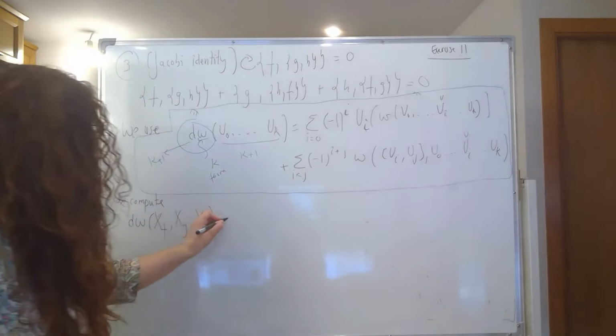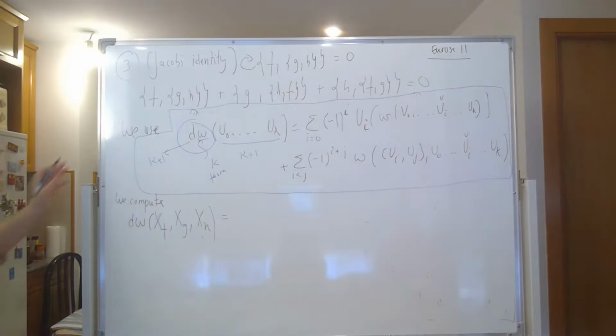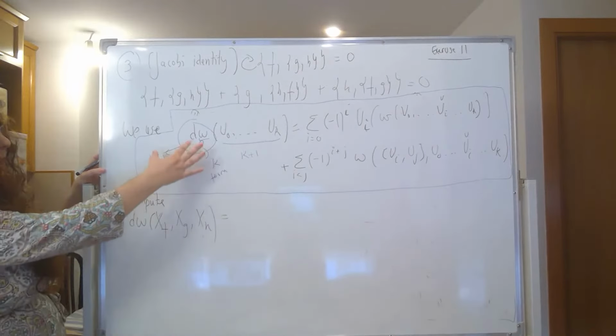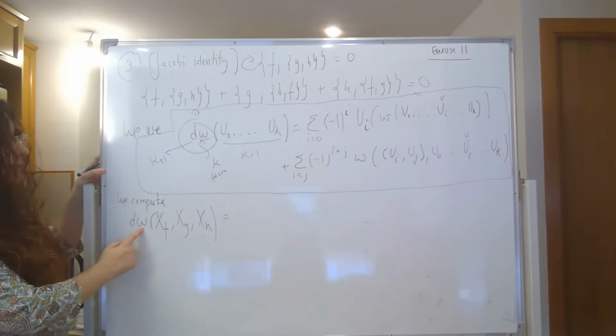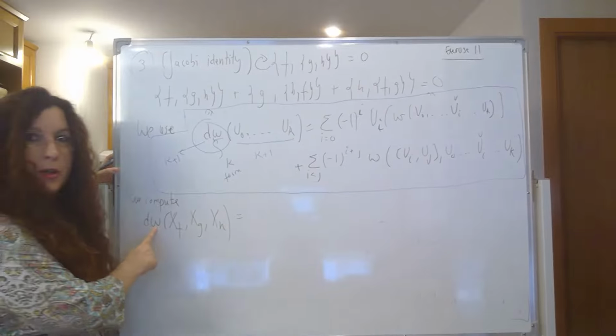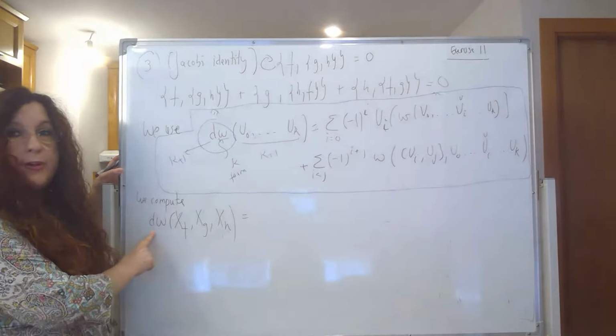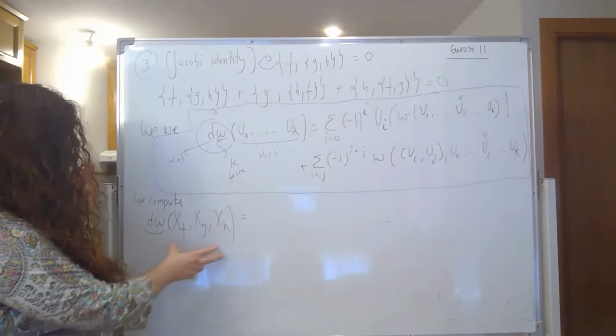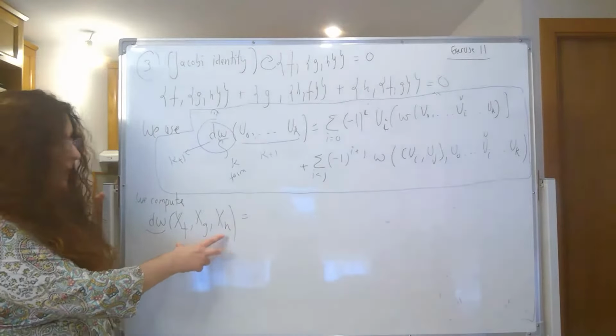Okay, so now I'm going to develop this formula. Now I apply this general formula to the case in which omega is my symplectic form. Therefore, omega is a two-form, and this guy can act on three vector fields.